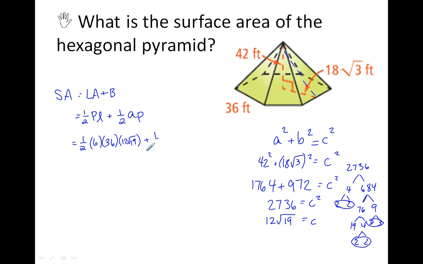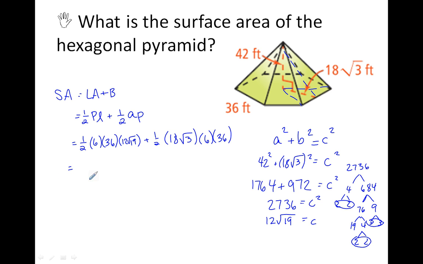I'm going to add to that 1/2 times the apothem. Now the apothem is this distance here, because if we draw in the triangle of interest, that's the height of that triangle of interest on our base. So we have 18 radical 3 times the perimeter, which is going to be the 6 times 36 again. Alright, lots of numbers.